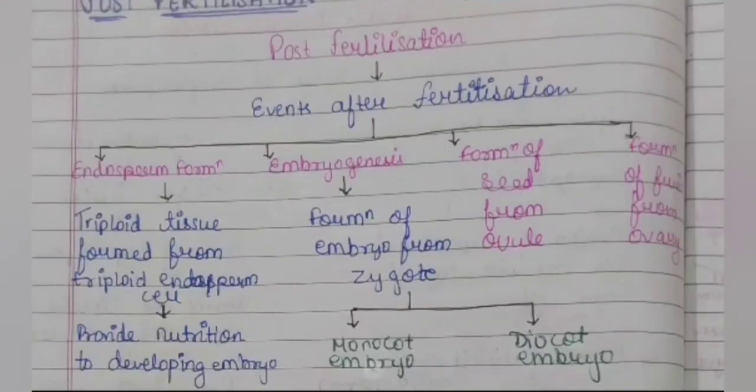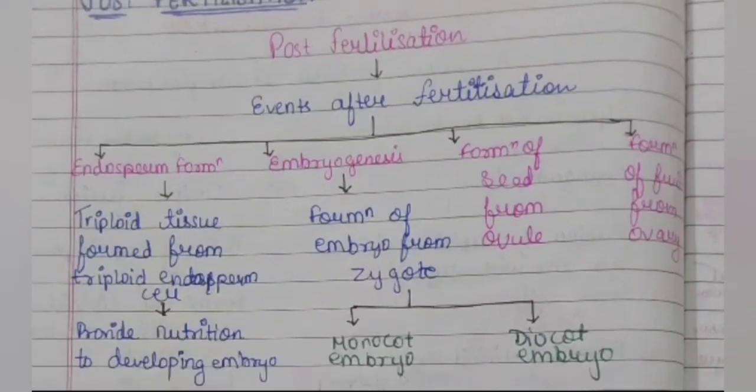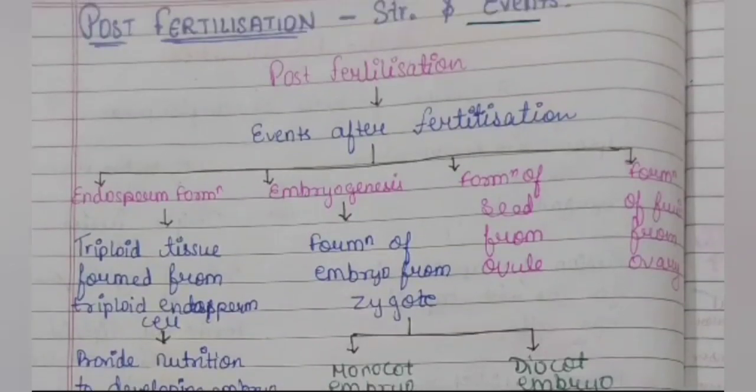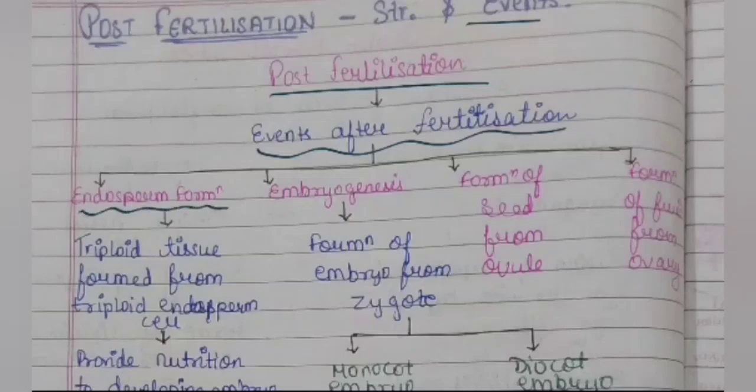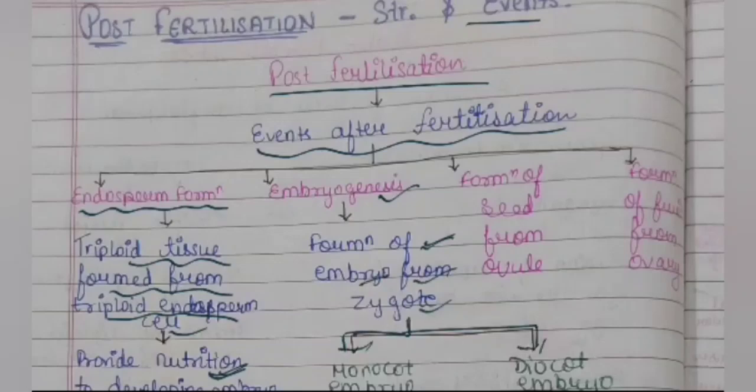Now coming to the topic post-fertilization structures and events. Post-fertilization events are the events after fertilization, in which endosperm formation takes place, which is a triploid tissue formed from the triploid primary endosperm cell and provides nutrition to the developing embryo, and then embryogenesis, which is the formation of the embryo from the zygote, which can further be classified into monocot embryo or dicot embryo.